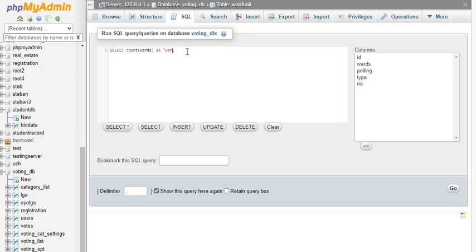Count the polling units as polling number. So I can get the numbers of polling units by counting the numbers of times the word appears, then the word name.